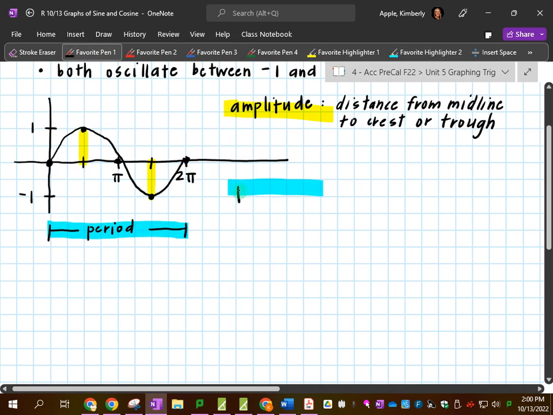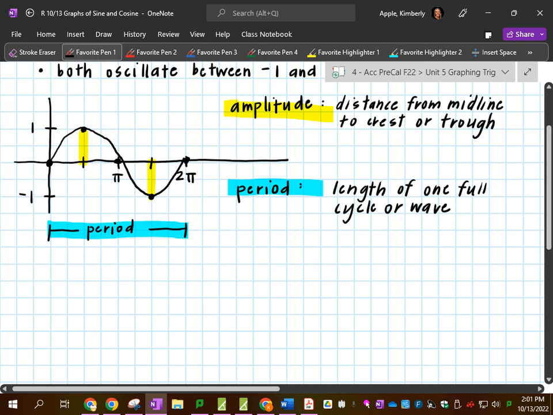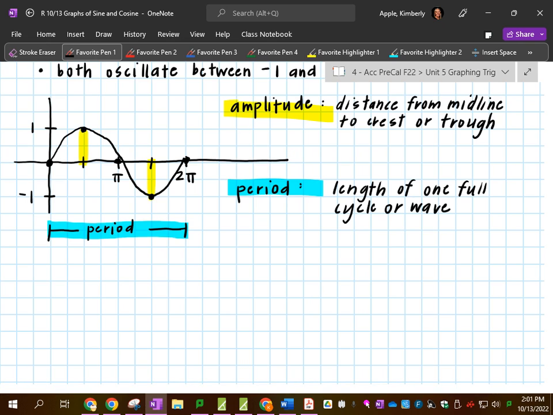We'll define it in words too: the period of the function is the length of one full cycle, or wave. And that will change based on how horizontally stretched or smushed it is.